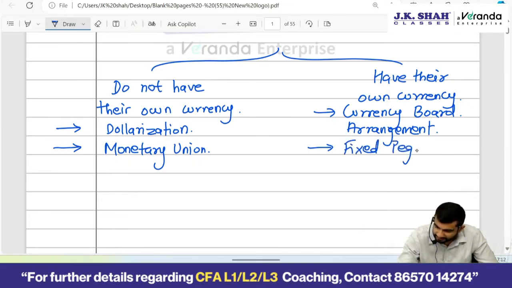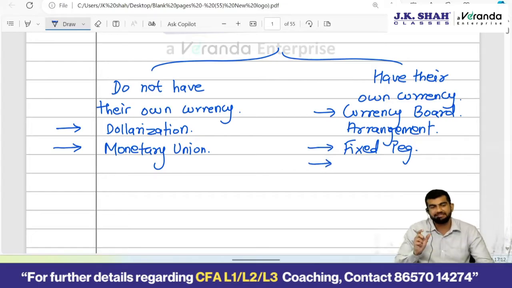Fixed peg is where a country fixes the exchange rate with another country's currency, usually either with the dollar or with the euro. Is any bandwidth allowed? Hardly, a 1% bandwidth is allowed here and there, plus or minus 1%. Okay, so UAE, Saudi, Oman, Kuwait, all these countries peg their currency to the dollar.